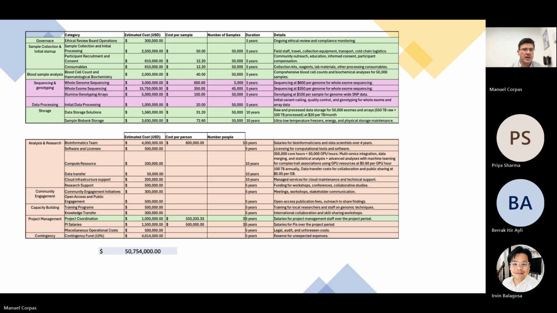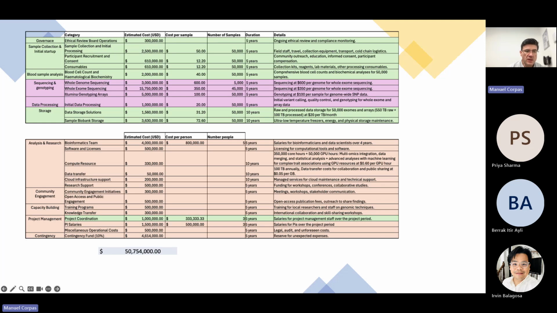So what are the estimated costs? We have these categories. In terms of governance, we have the breakdown: ethical review board operations. Then we also have sample collection and startup, which includes sample collection, participant recruitment, consumables, and blood sample analysis, which includes blood cell count and hematological biochemistry.